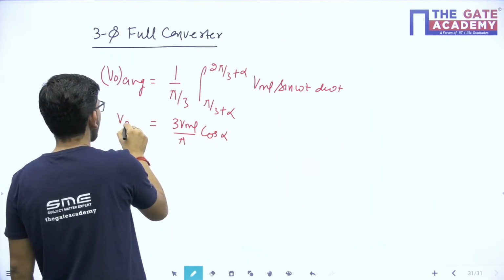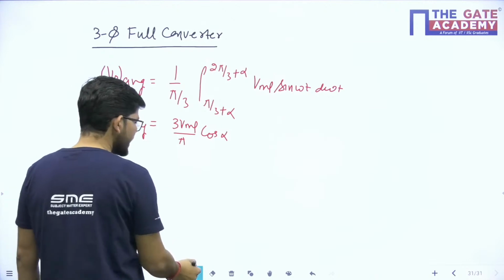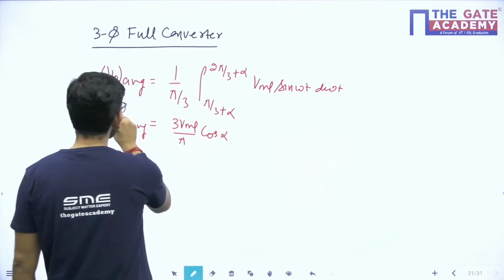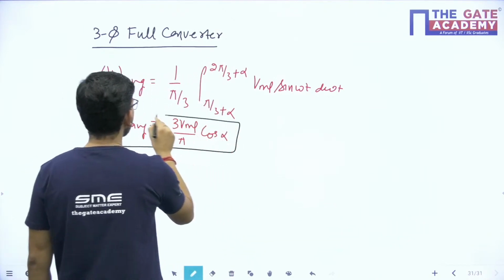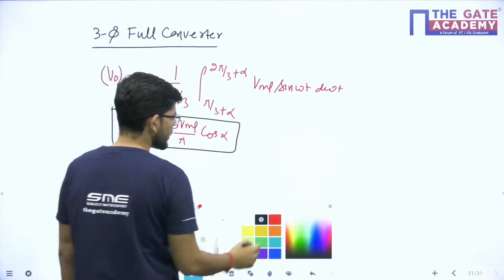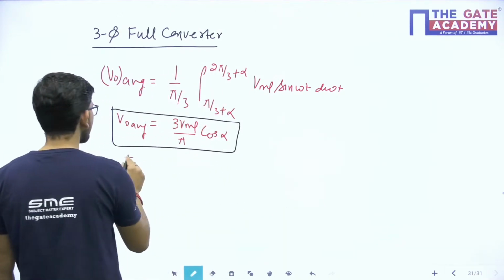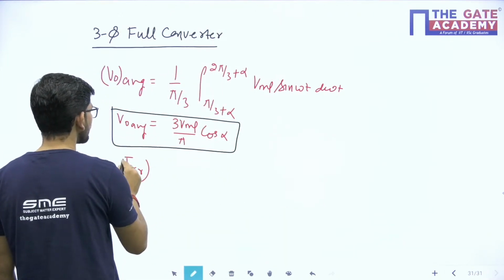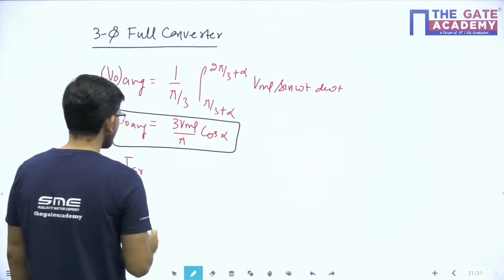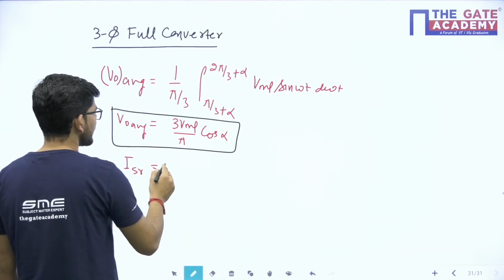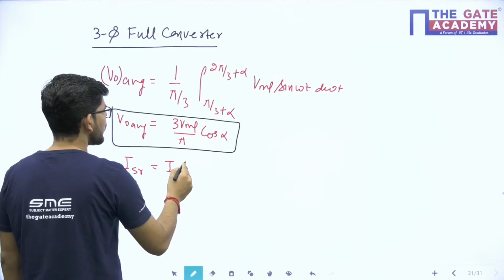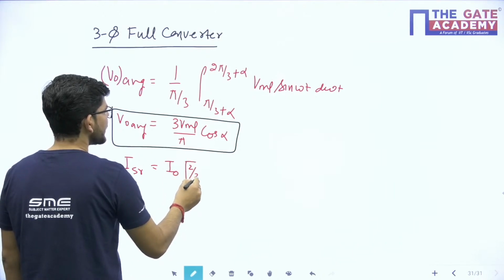So this is the average output voltage in case of a three phase full wave converter. Another important thing is the RMS value of source current, that is ISR, and this equals I naught under root 2 by 3.